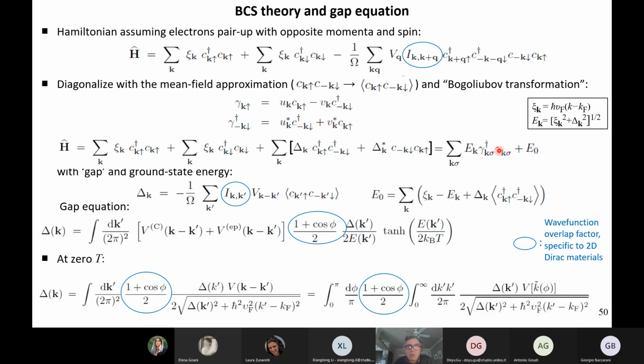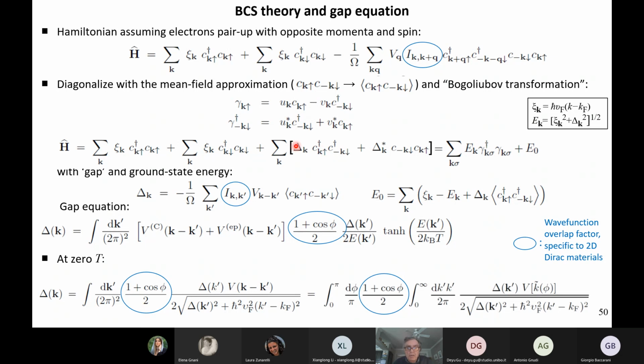And this corresponds to a full diagonalization of the Hamiltonian, in which these gamma are now creation and annihilation operators of these hybrids. Same thing as the plasmon and phonon that we considered before. These are now different objects. You take a pair of electrons and you form instead new quasi-particles, let's call it a condensate of Cooper pairs.